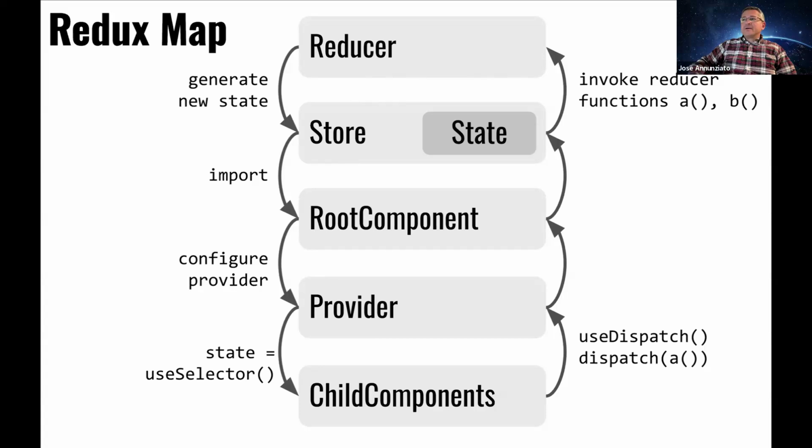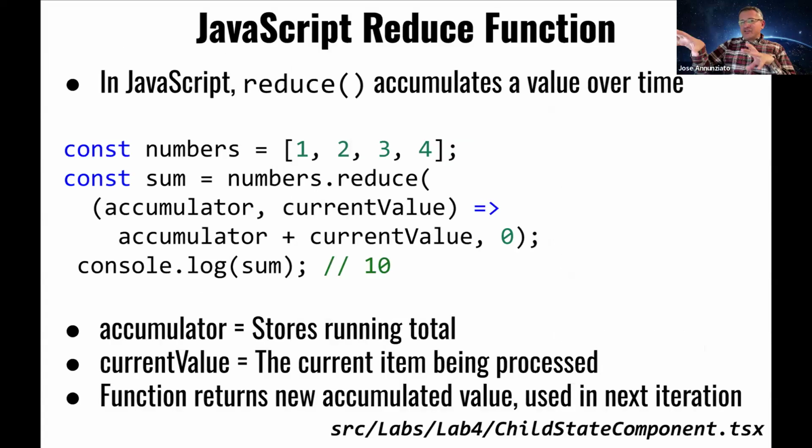Okay. Now, why reducers? Why are these called reducers in the Redux jargon? So reducers come from a feature in JavaScript, the reduce function, which is a function that applies on arrays, very much like map, filter, find.